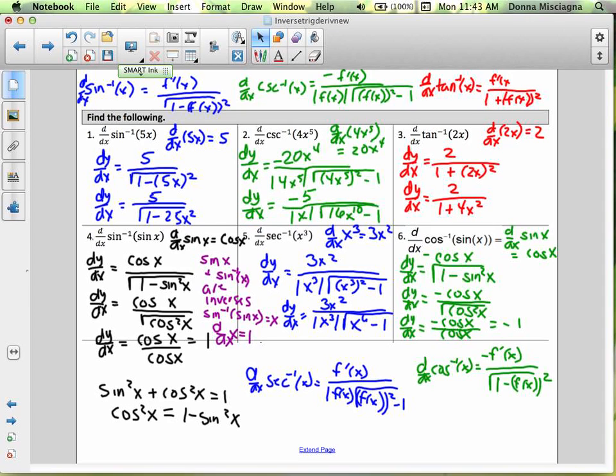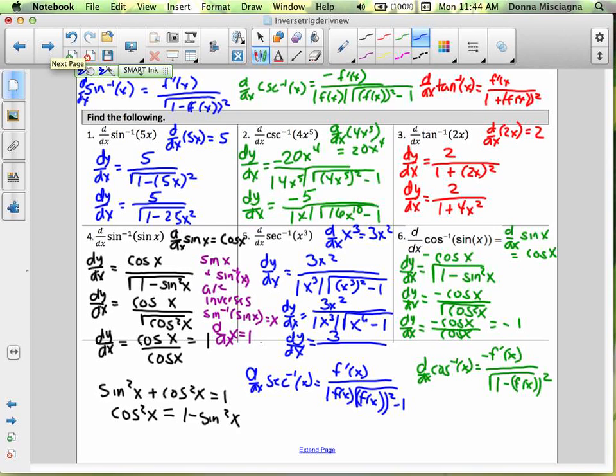And we also could simplify the arcsecant, the one there. So we could cancel out the x's. We would have 3 in the numerator and in the denominator. So we have dy dx equals 3 over, we could cancel out x squared. We absolutely need those absolute value bars.